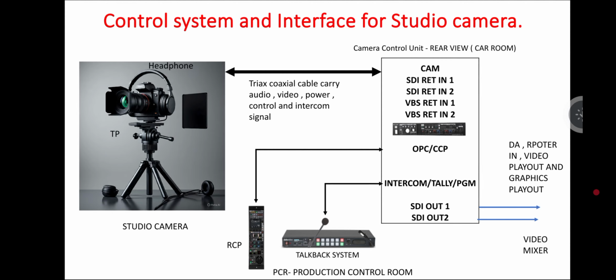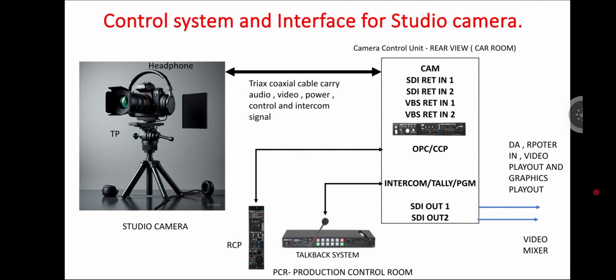Okay, so we have already explained that tri-coaxial cables carry audio, video, power, control and intercom signals. Okay, and this is the rear view of the camera control unit. All those ports are available, represented in this form.